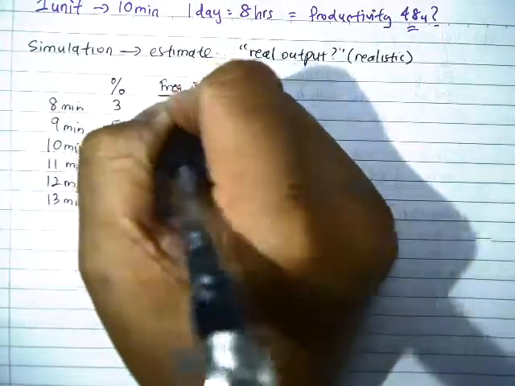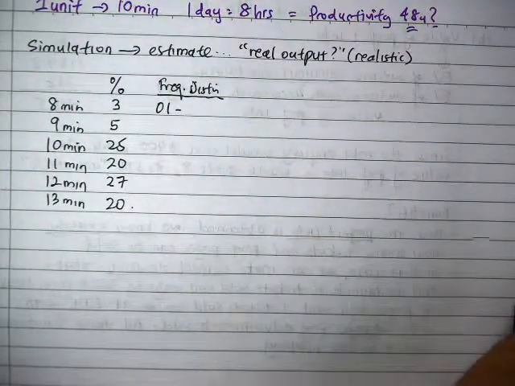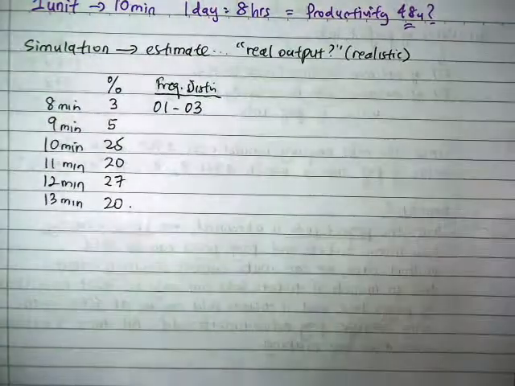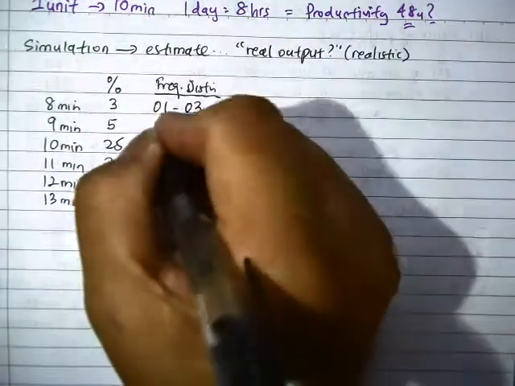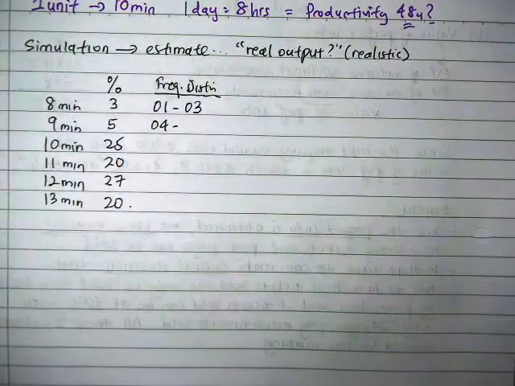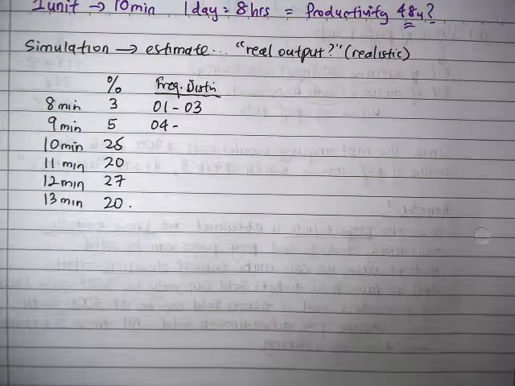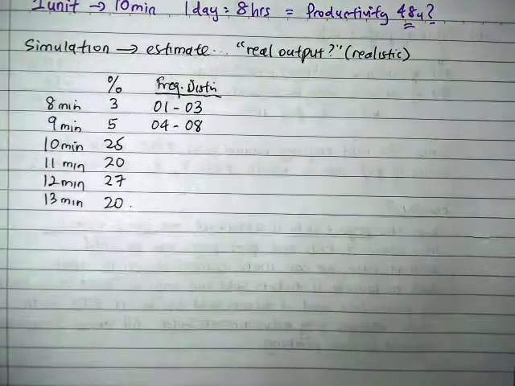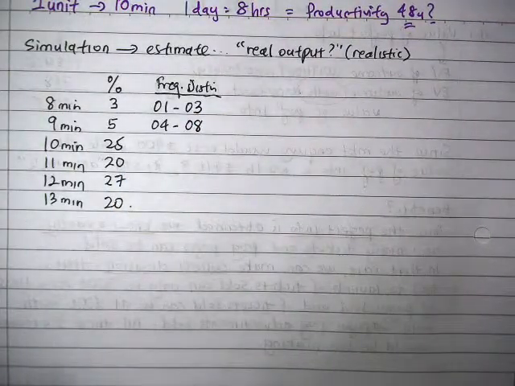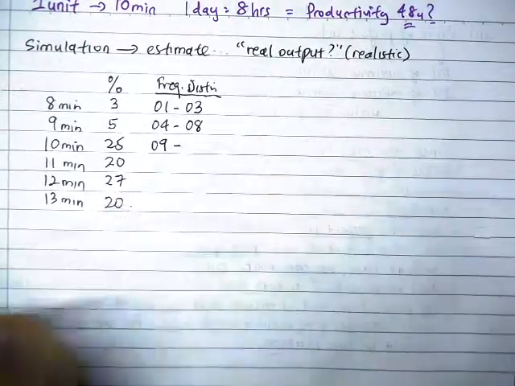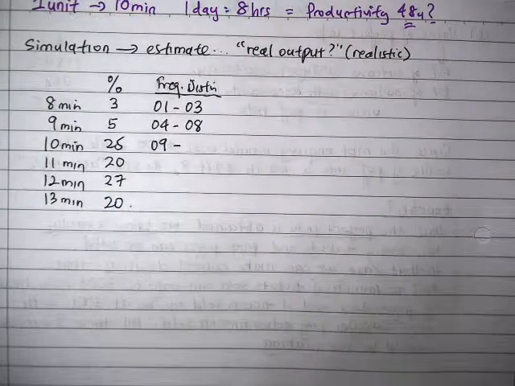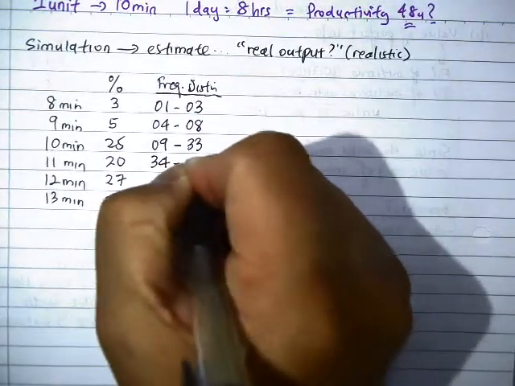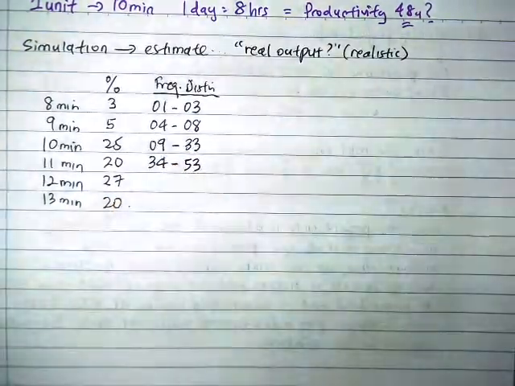If you start with 01, then it will be 1, 2, 3. Then 4, 5, 6, 7, 8, which is another 5 numbers. Then 09 until 33. Then 34 until 53.